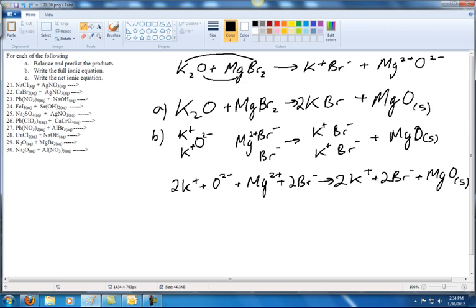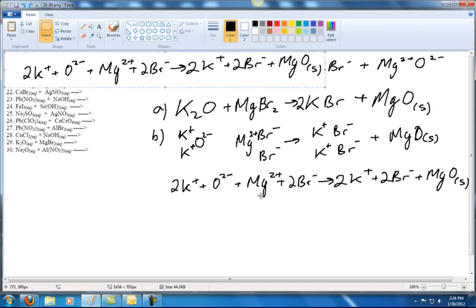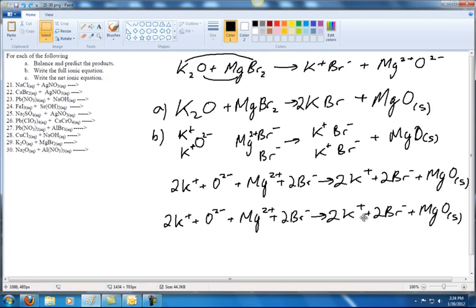Alright, now we're going to just go ahead and copy that for part C and figure out the net. And we'll cross out anything that's exactly the same on both sides.